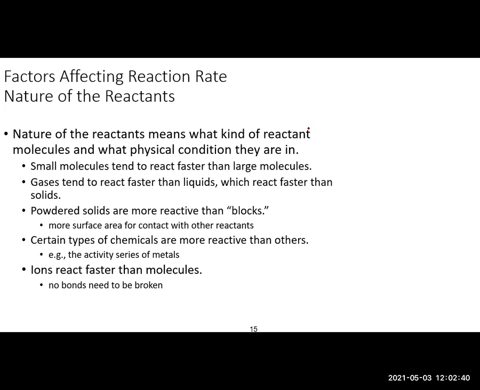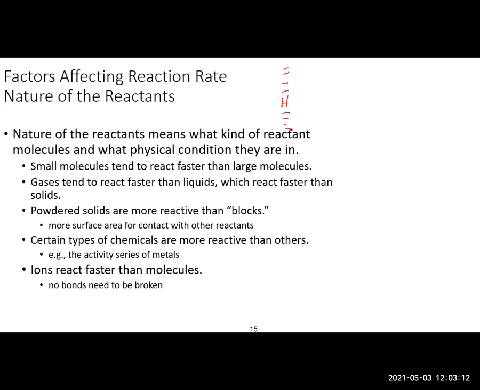In terms of solids, different types of solids are more reactive. Powder solids are more reactive than block solids, and it has to do with a lot more surface area where reactions can take place. As you might remember when we talked about single replacement reactions in the previous class, there's an activity series of metals, with hydrogen kind of in the middle, a bunch of elements above it and a bunch below it.